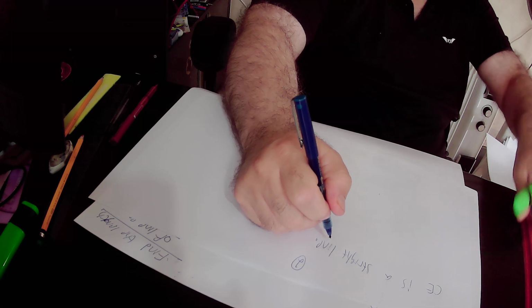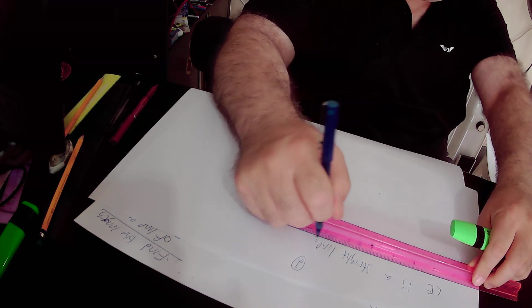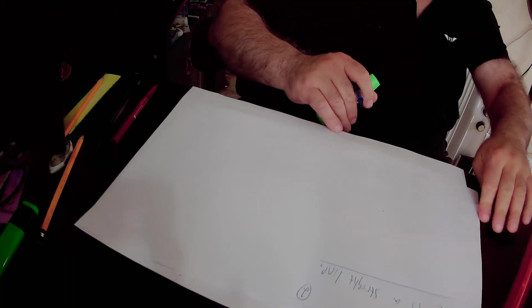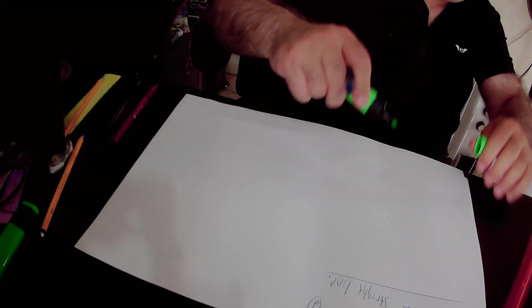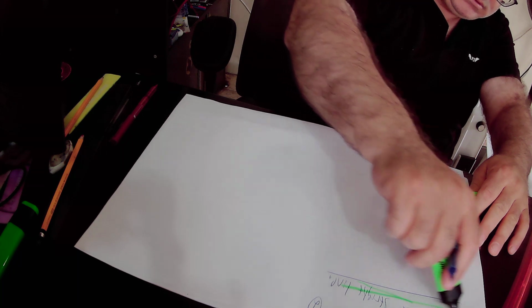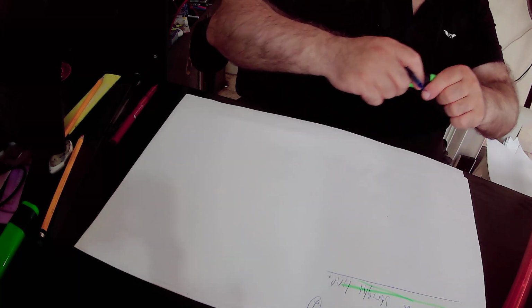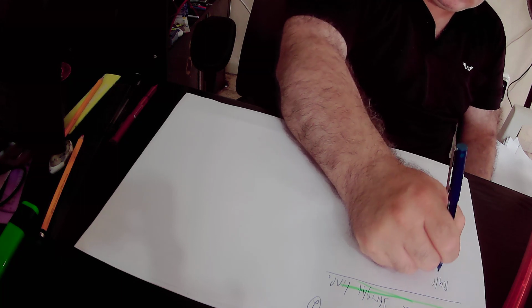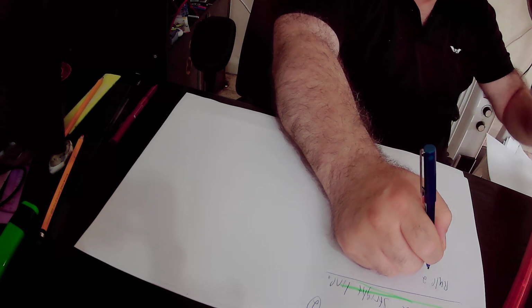And we have also rule number 2. According to rule number 2, the sum of the angles on one side of a straight line is equal to 180 degrees. So I'll write it down.